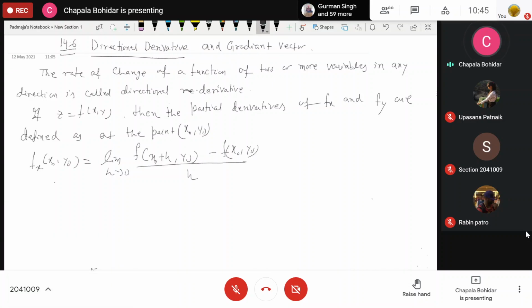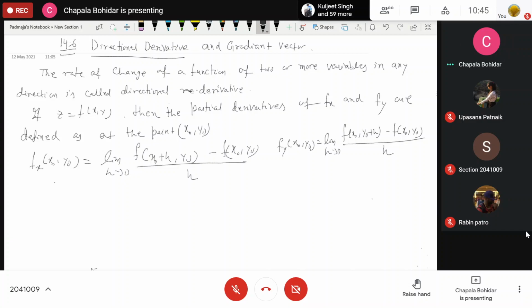Okay. Similarly, fy of x0, y0 is equal to the limit as h tends to 0 of f of x0, y0 plus h minus f of x0, y0, divided by h.